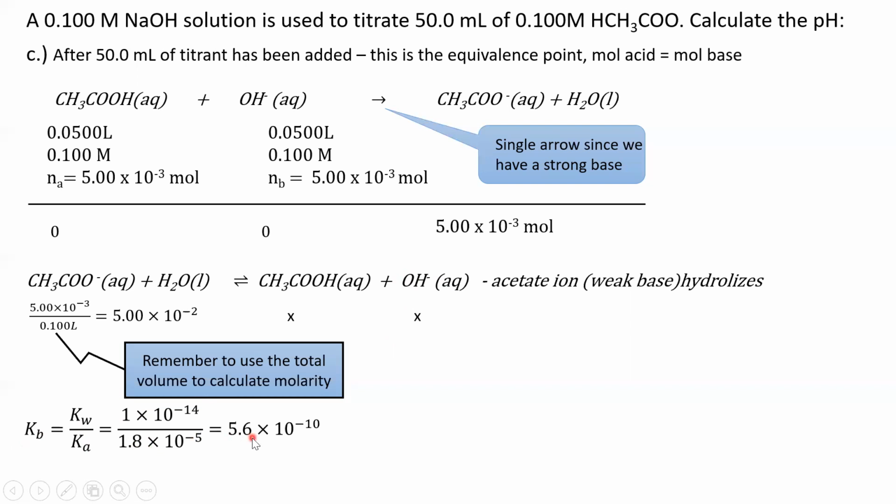So we've got our Kb that will equal the concentration of the products over the concentration of the reactants. So 5.6 times 10 to the minus 10 will equal X squared over 0.0500 minus X.